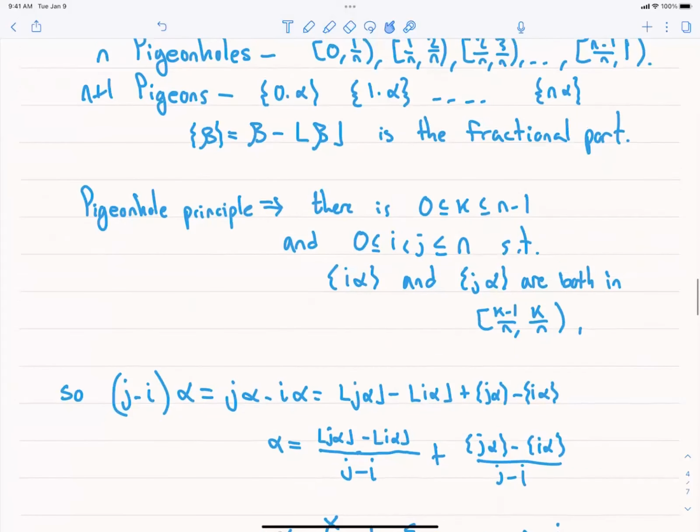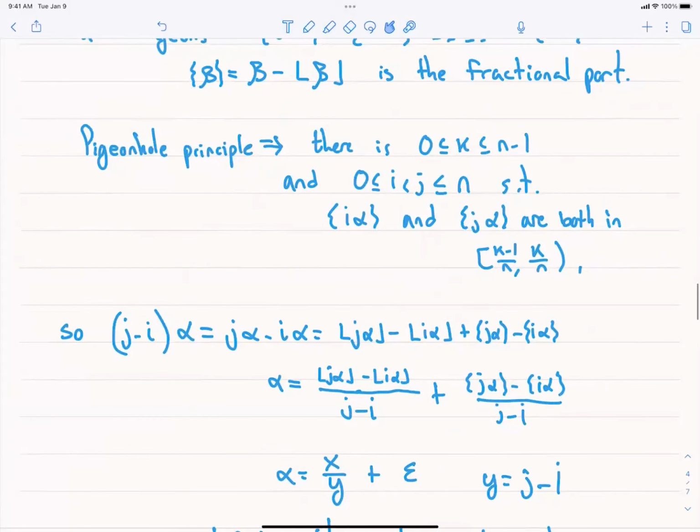Remember, my goal is to produce some fraction approximating alpha. So let me start by looking at j minus i, these 2 indices, where the fractional parts of the multiples both lie in this interval. So we're looking at j minus i times alpha, that's j times alpha minus i times alpha.